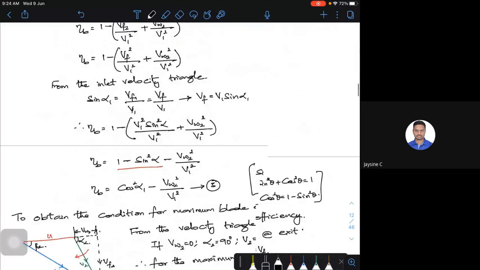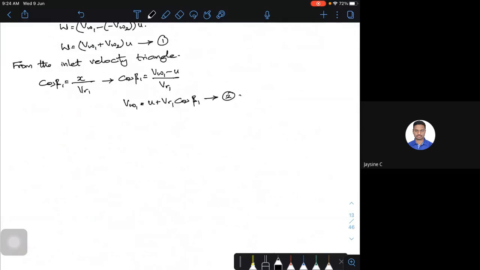Whatever we have done for the inlet velocity triangle, I'm going to do for the exit velocity triangle.